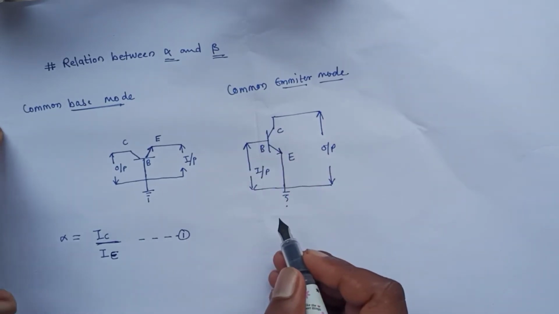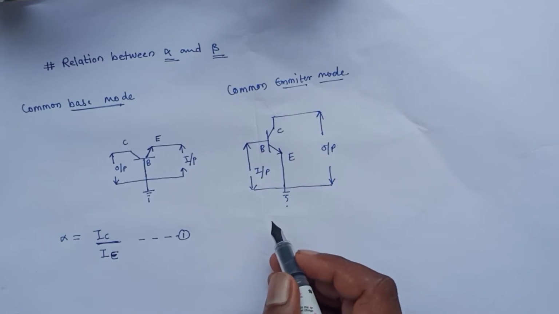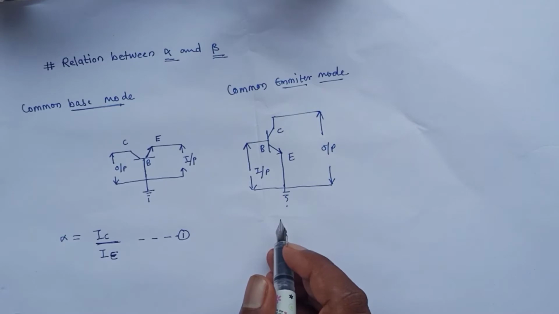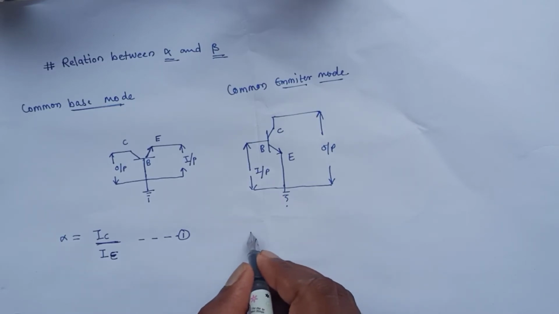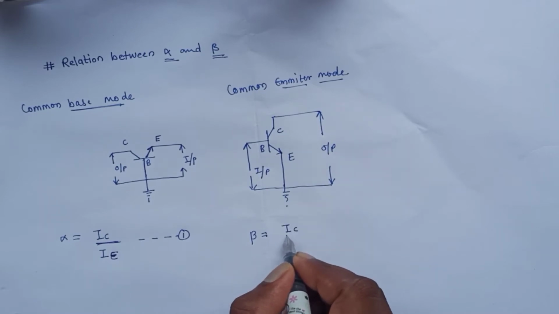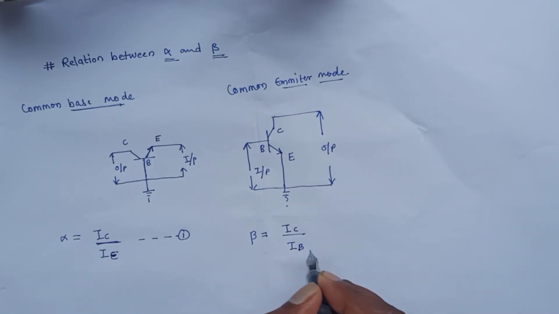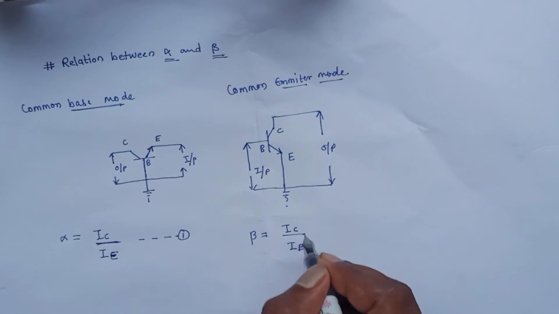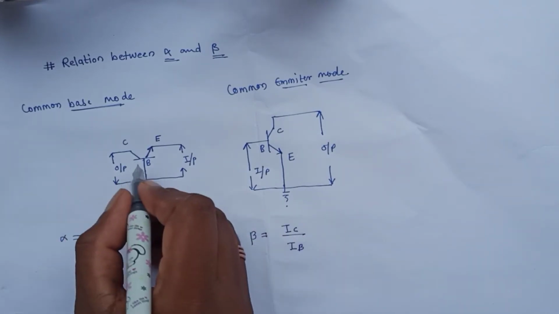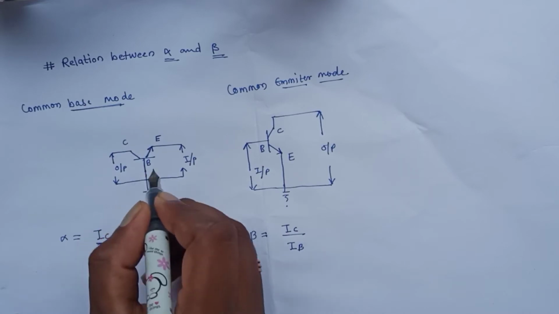And in the common emitter mode, the value of beta is equal to IC upon IB, the collector current to the base current. You can see the base current over here.